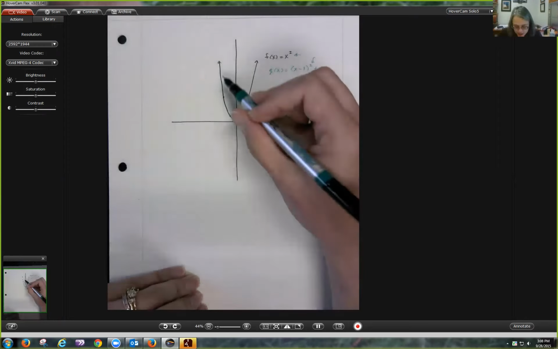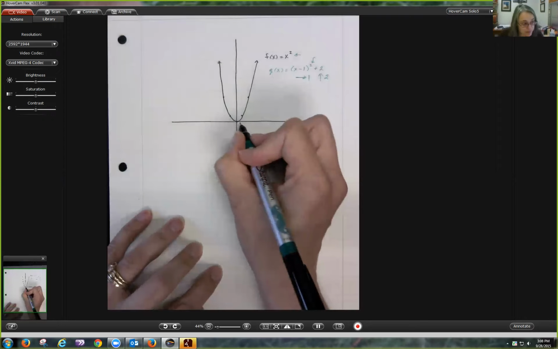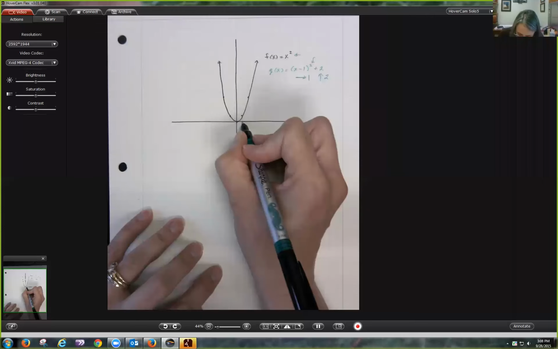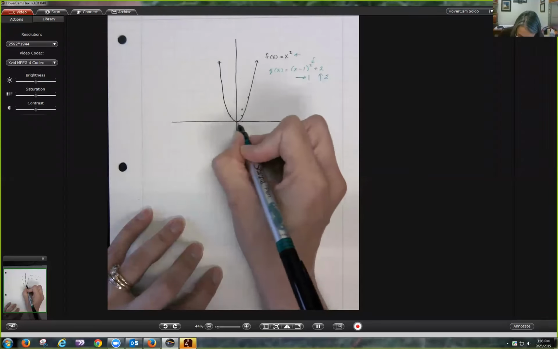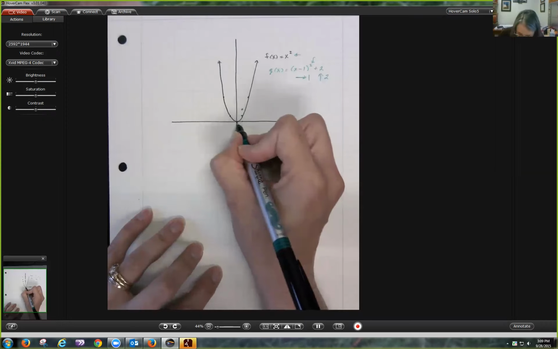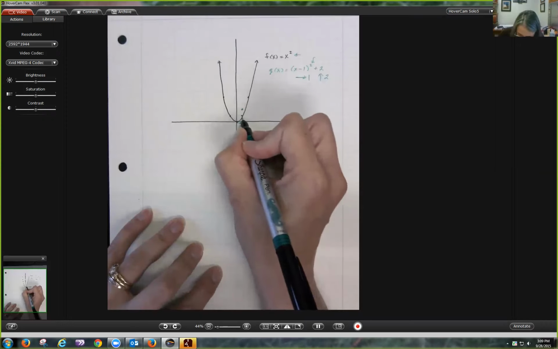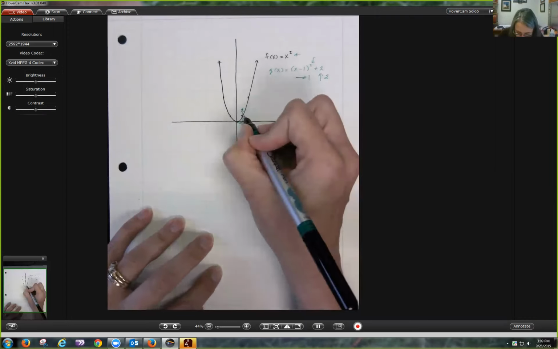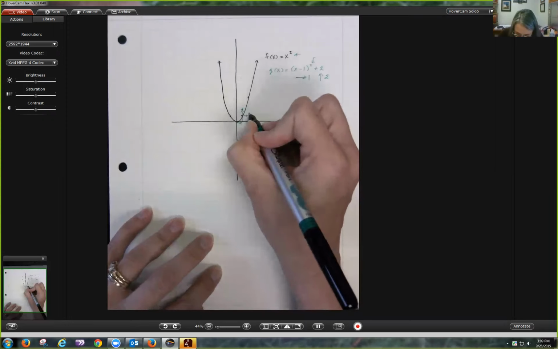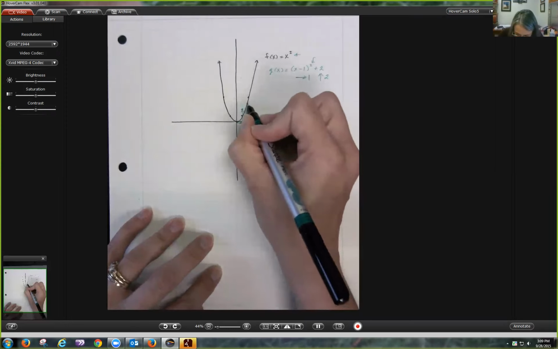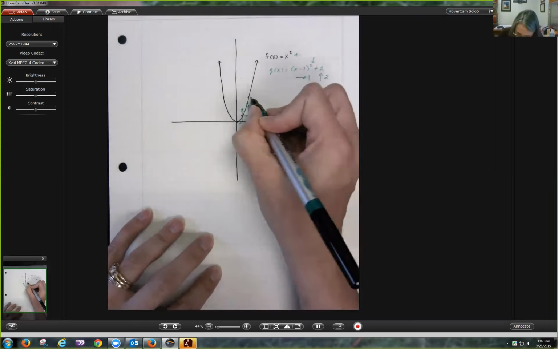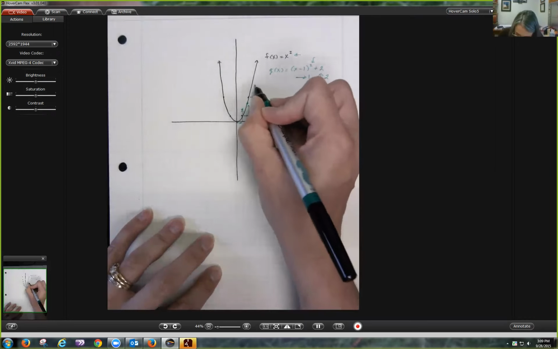So I can take each point on my basic parabola, and I can go right 1 and up 2. So I started from my vertex here, and I went right 1 and up 2. And I can take this point at 1, 1, and I can go right 1 and up 2. And I can start at this point, 2, 4, and I can go right 1 and up 2.